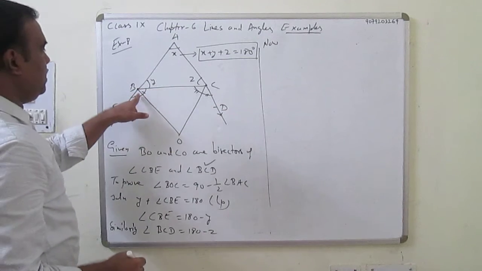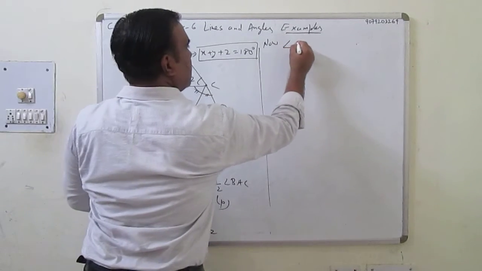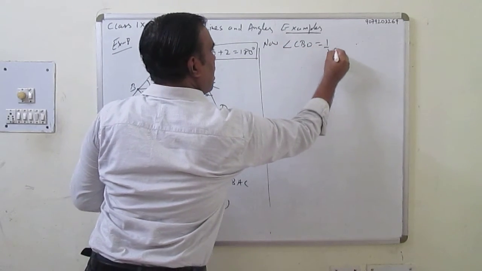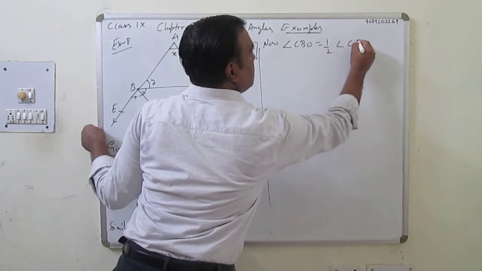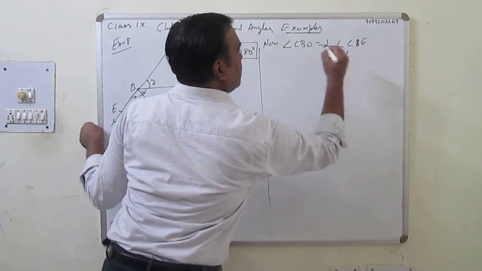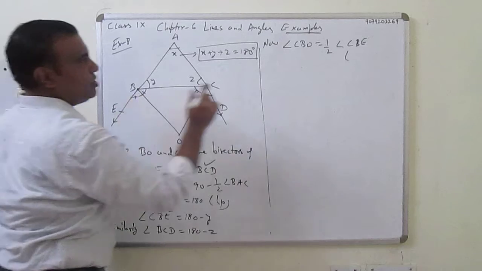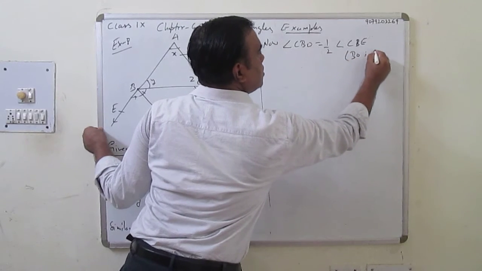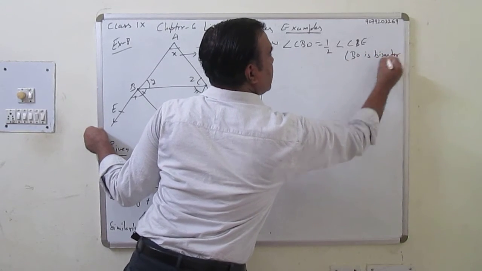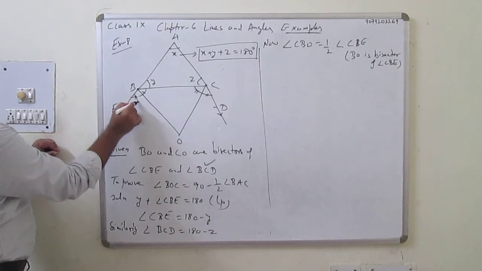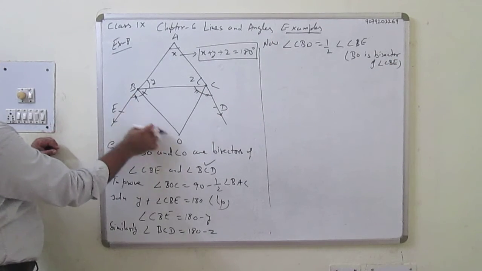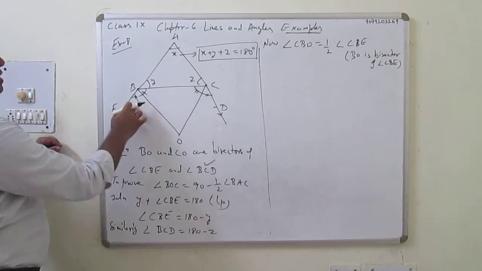Now angle CBO is half of CBE, given, because BO is the bisector of angle CBE.